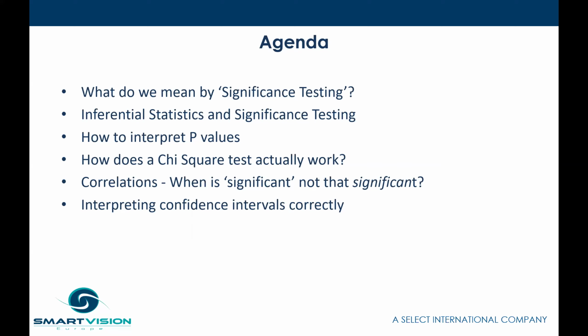And then we're going to look at three different examples. In one example, we look at how to interpret the chi-square test. We're using that because it's commonly used when you're comparing category fields and how they relate to each other. Correlations, we're going to look at. That's commonly used when we're comparing number fields or continuous fields and how they relate to each other. And then the third one is confidence intervals.